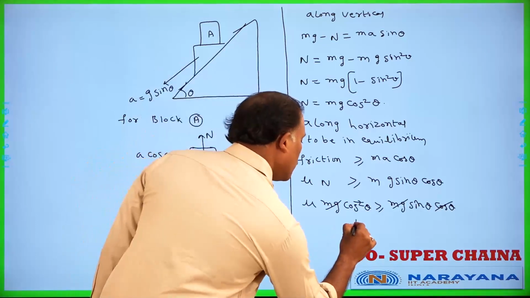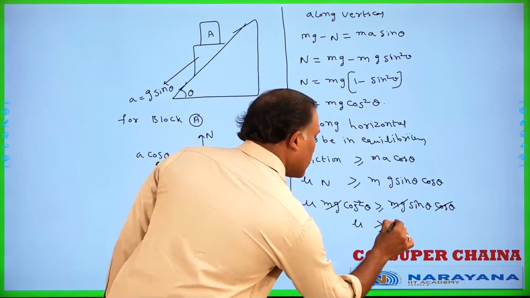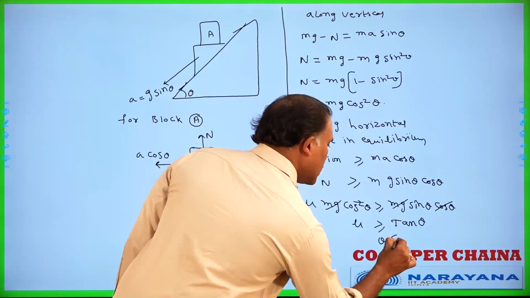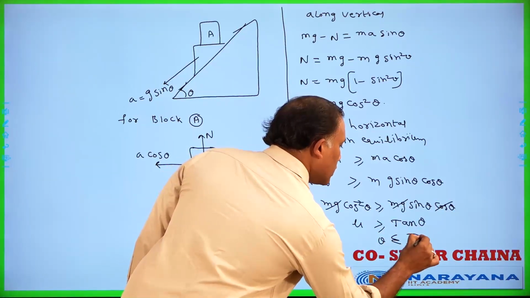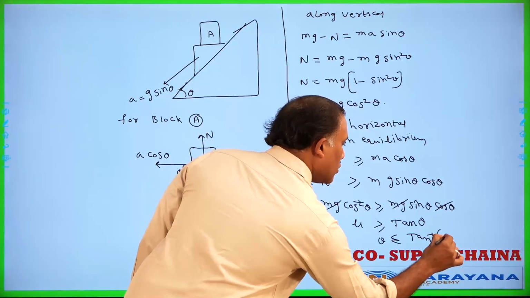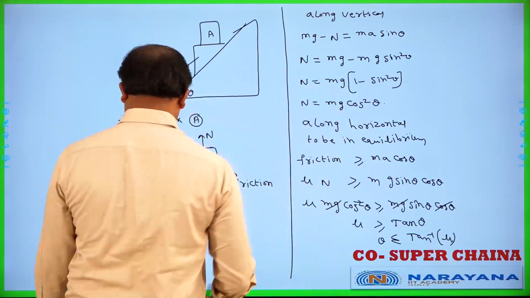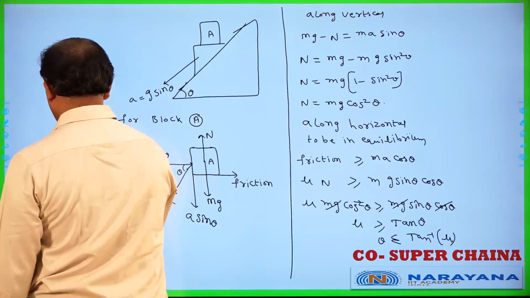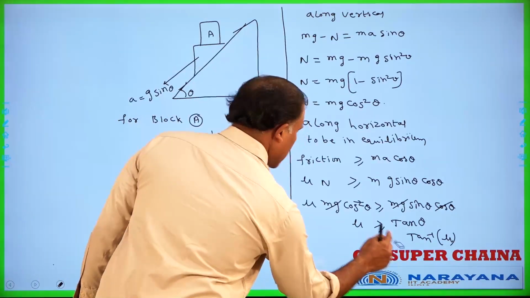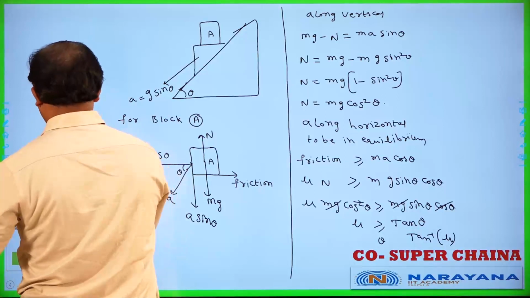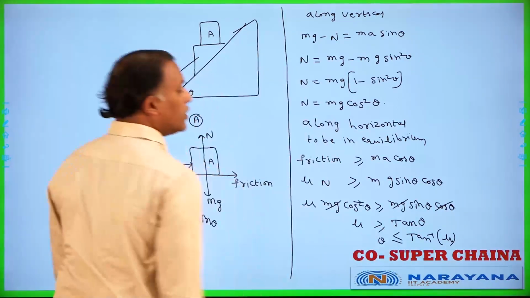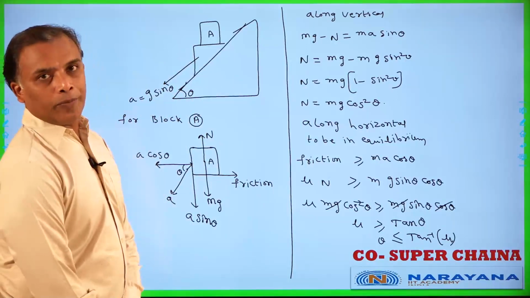Then mu will be greater than or equal to tan theta. So theta is less than or equal to tan inverse of mu. This is the relation for that question.